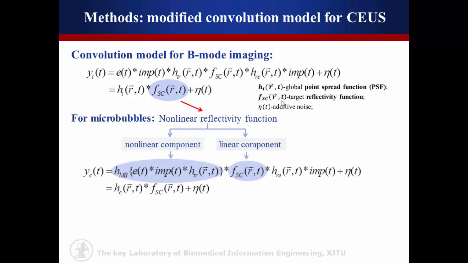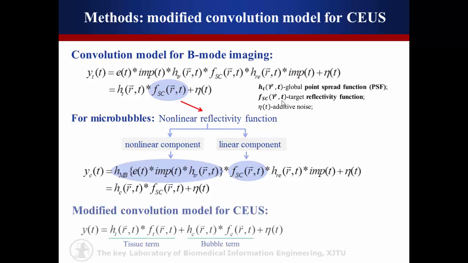So for microbubbles, the convolution process can be regarded as the linear propagation of nonlinear responses. Taking into account signals from both tissues and microbubbles, the modified convolution model can be derived.